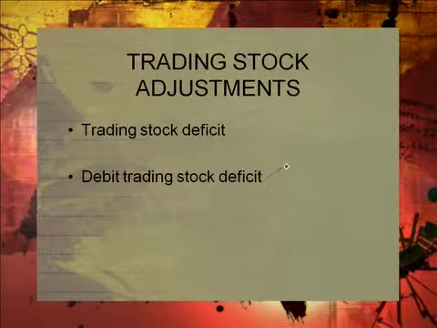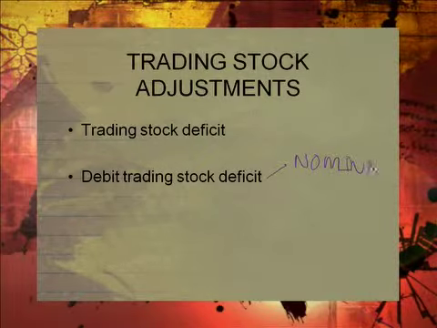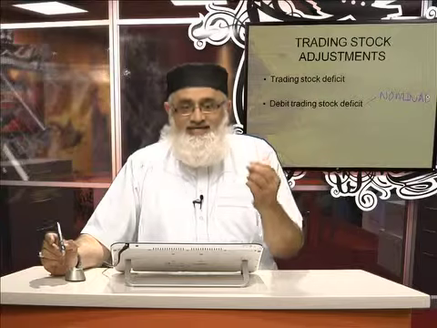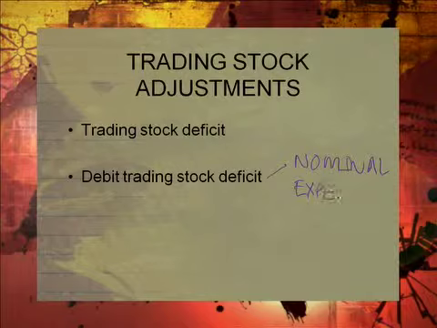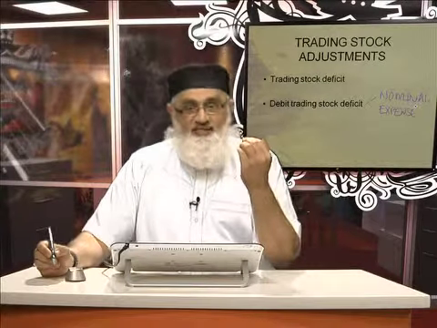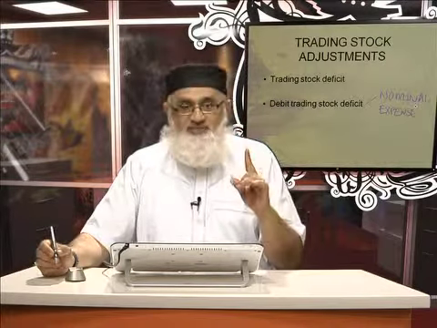Understand that this is a nominal account, and also understand that it is an expense. So you can clearly see that you have identified this expense, so you're going to debit this account.